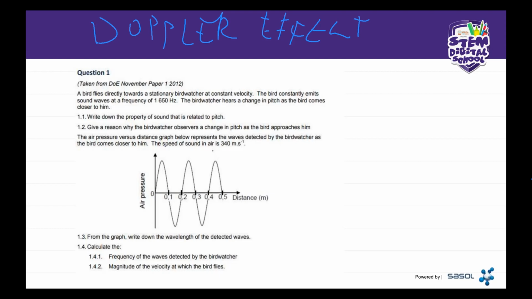So here, we're moving on to a question. It's question 1 on that paper. It says a bird flies directly. Wait, let me just see.